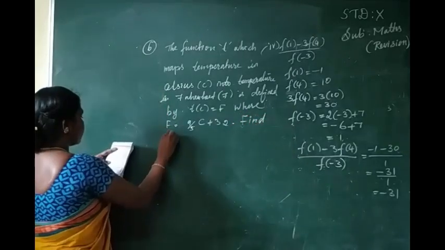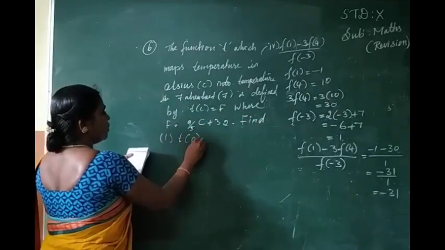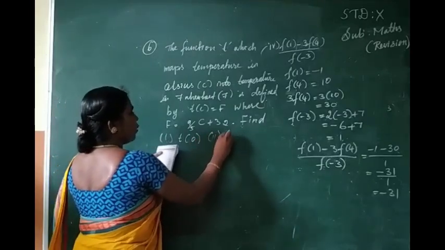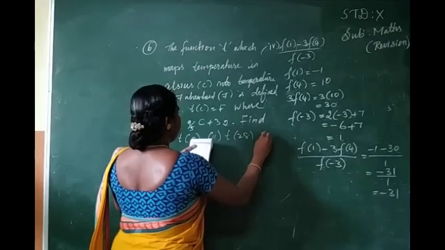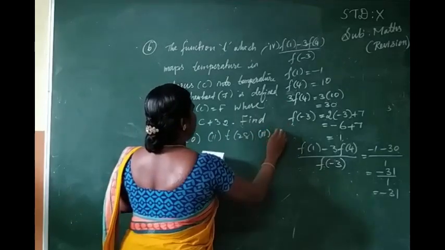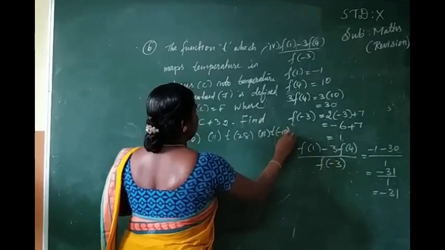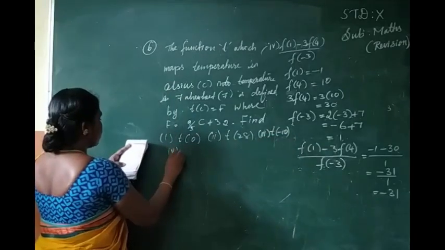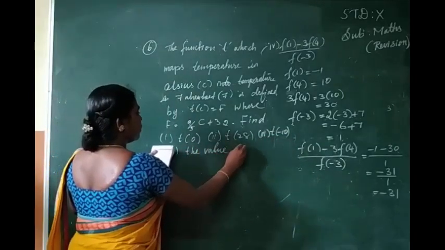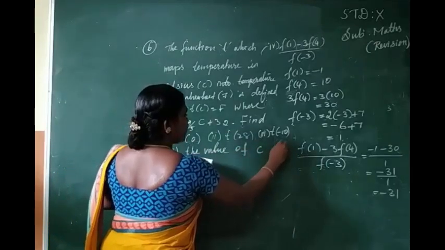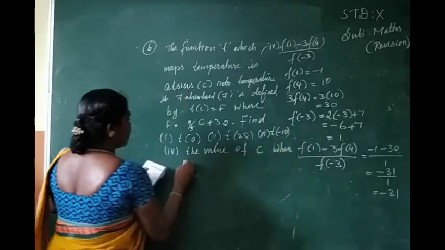The first subdivision is T of 0. The second subdivision is T of 28. The third one is T of minus 10. The fourth subdivision is the value of C when T of C equal to 212.